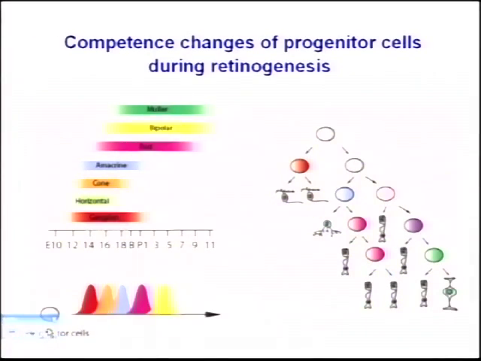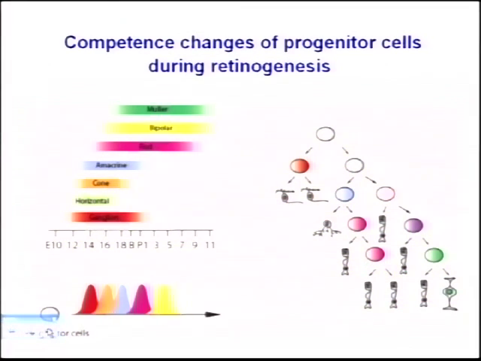One of the models that has emerged to explain this is called a competence model. This competence model is really an interplay between external and internal factors. Extrinsic factors and intrinsic factors talk to each other to push the progenitor cells to different competent states.